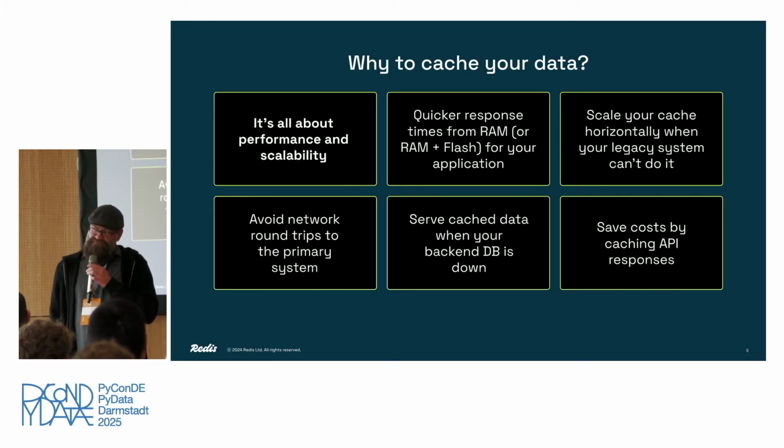The main reason why we see people use caches is that the main systems, like your relational database system, might have some scalability limitations. It's not that easy to scale it horizontally, but it's easier to scale a cache horizontally. So you put a cache next to it, mitigating your scalability issue.